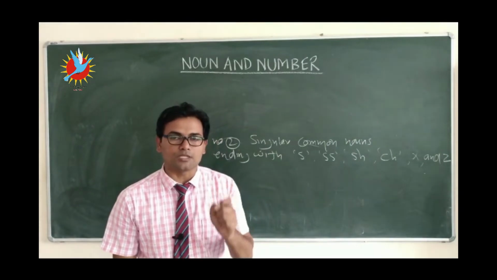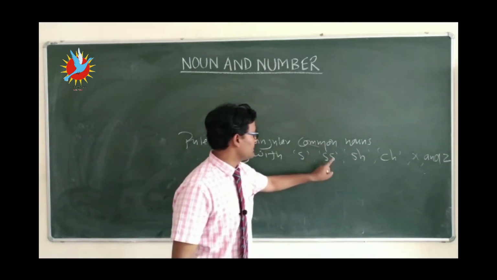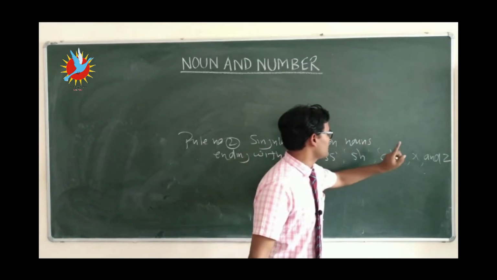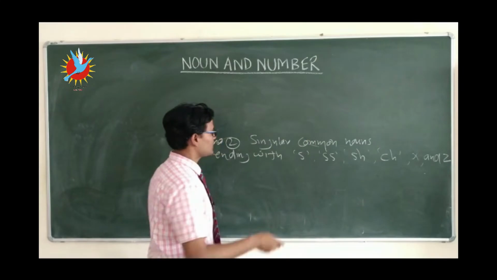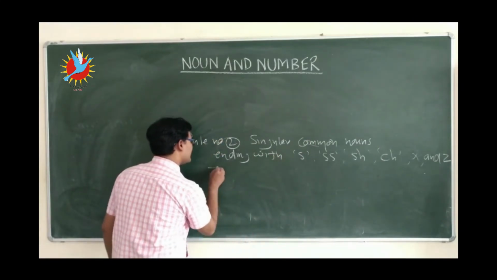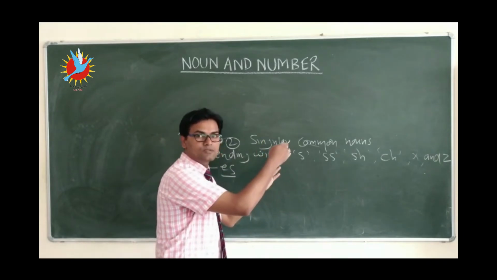If we have singular common nouns ending with s, double s, sh, ch, x and z, then what do we do? We just add es at the end of these nouns.